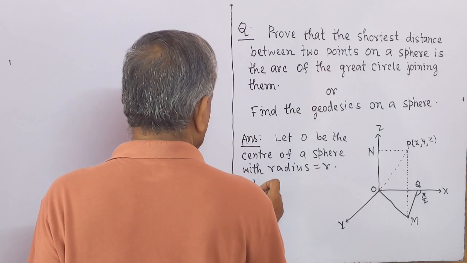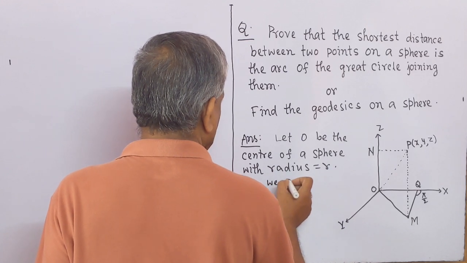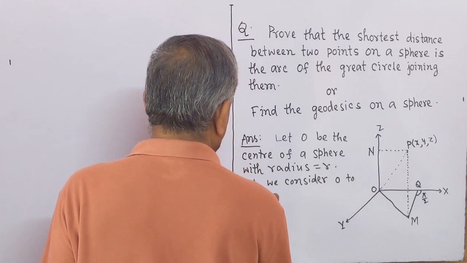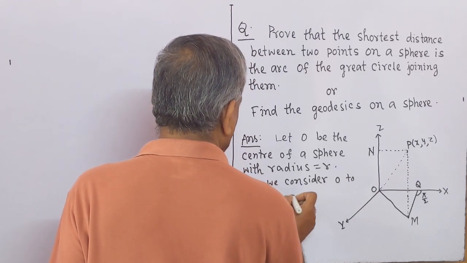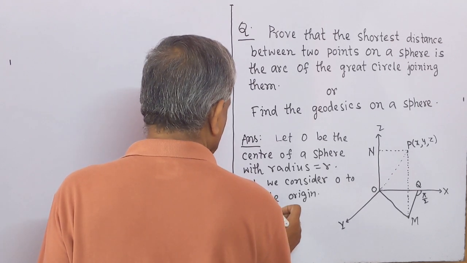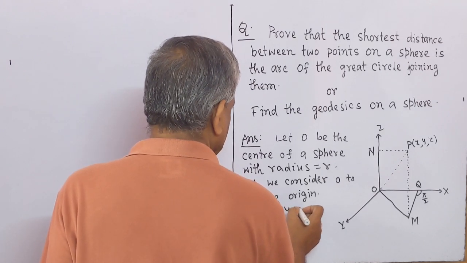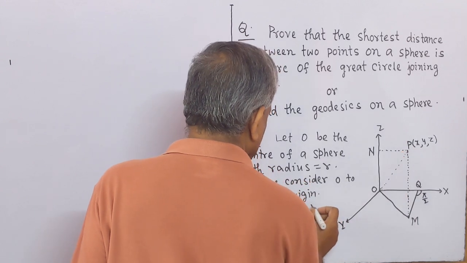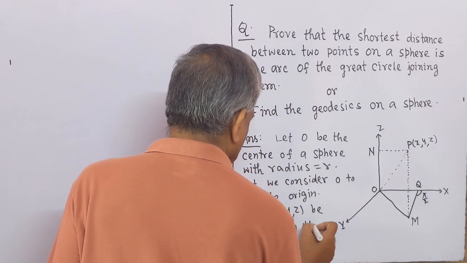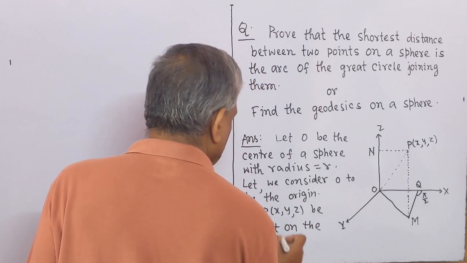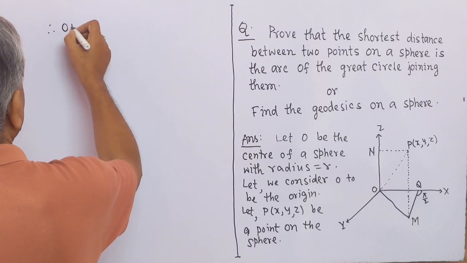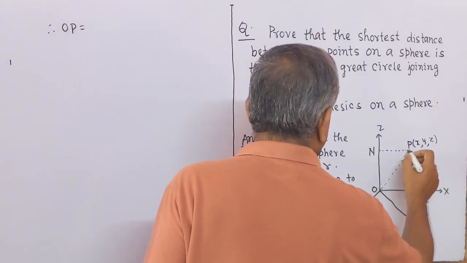Let us consider O to be the origin. Let P(x, y, z) be a point on the sphere. Therefore, OP equal to r.